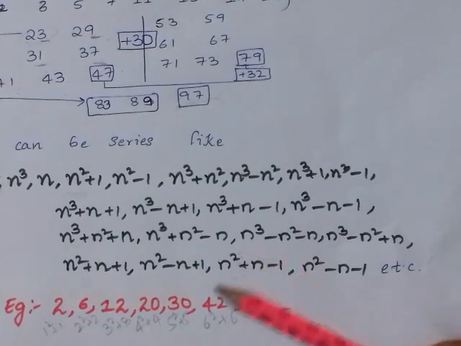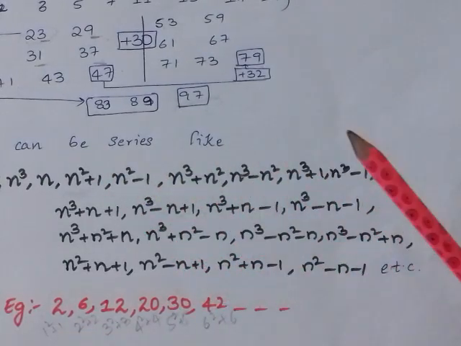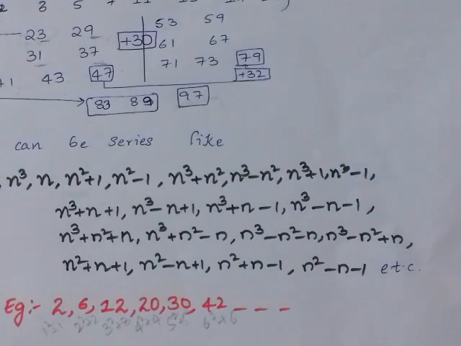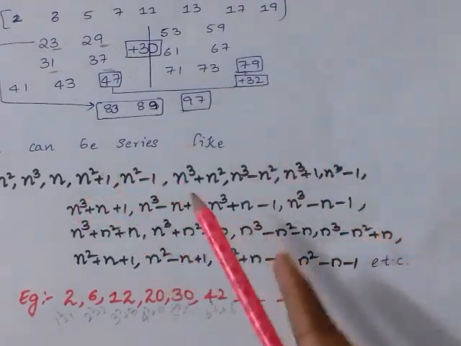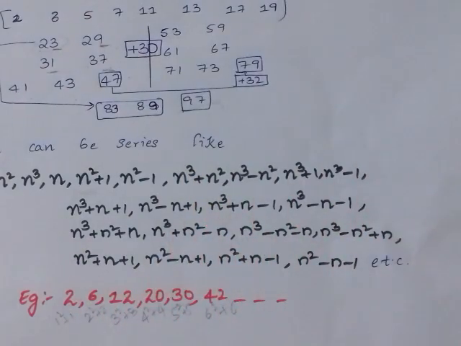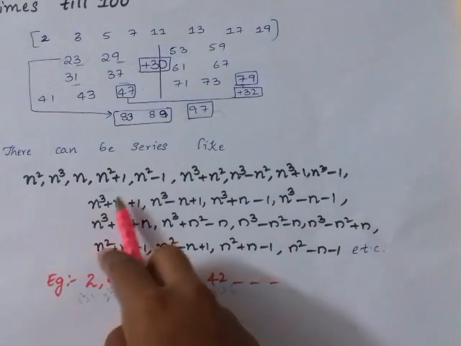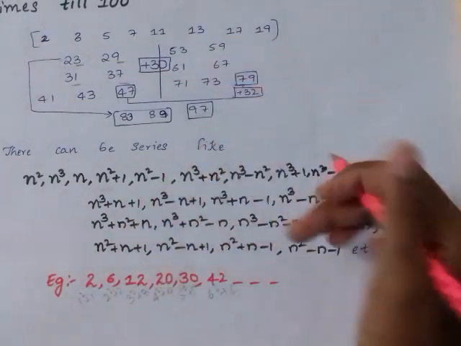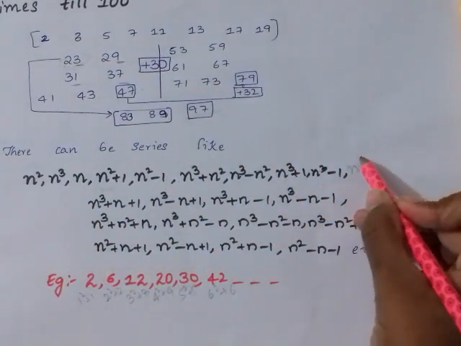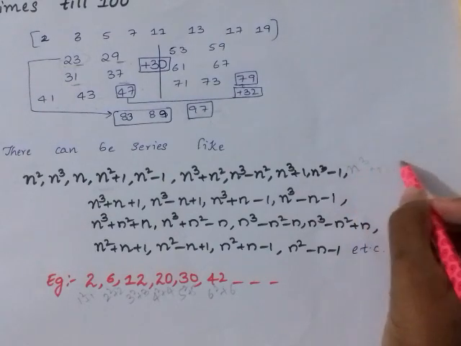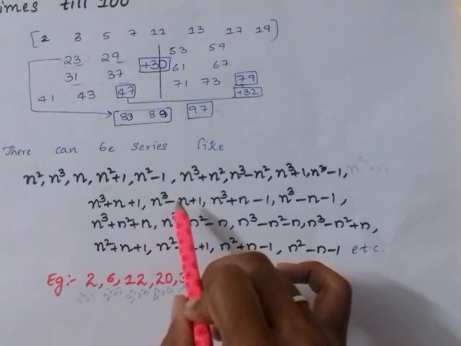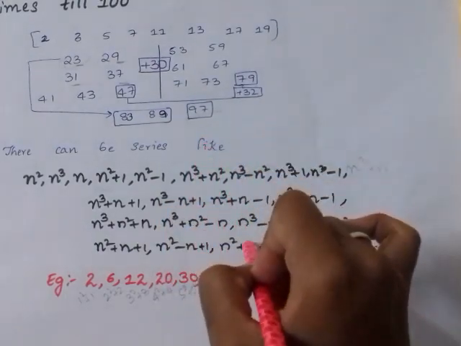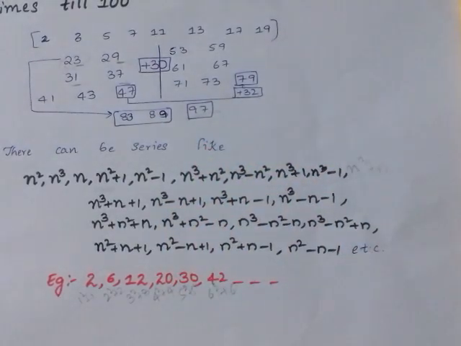This logic is expressed as n square plus n. So there can be many other series like n cube plus n, n square plus n, n cube plus n square, n cube plus n square minus n plus 1, and so on.